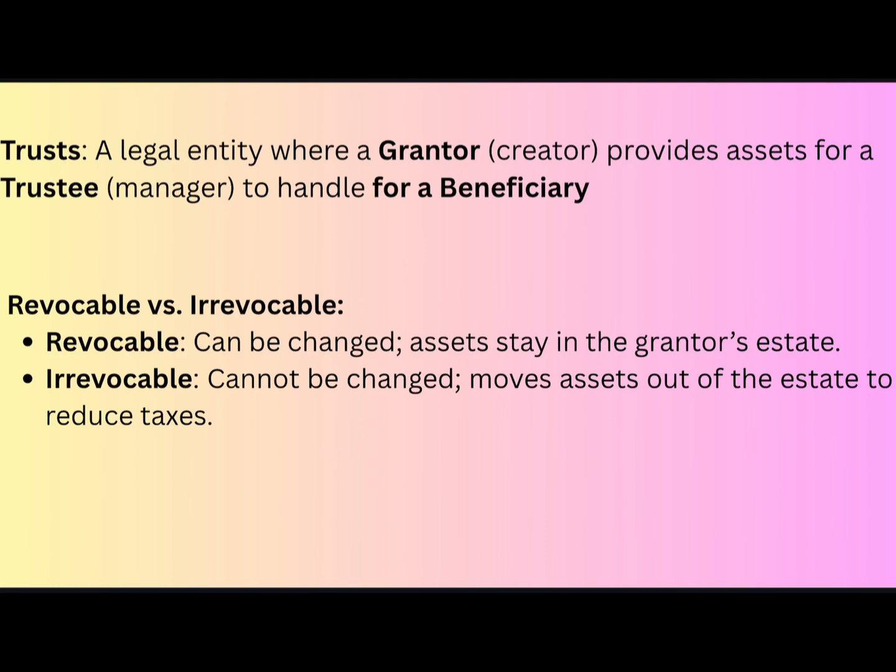And then you have management ownership, where the person who controls the asset, often called the trustee, manages the asset. And the third aspect of ownership in a trust would be benefit, where the person who benefits from the asset is the beneficiary.